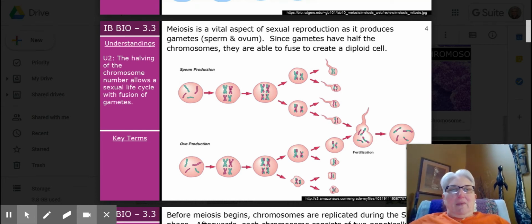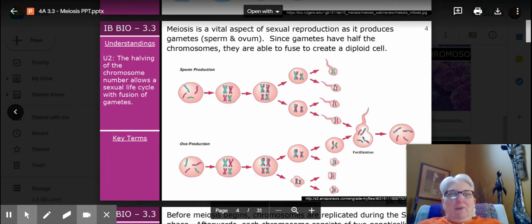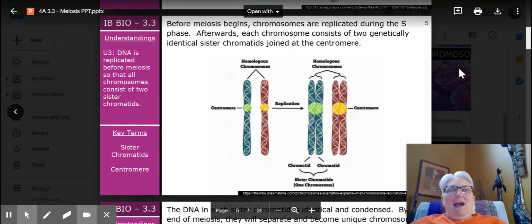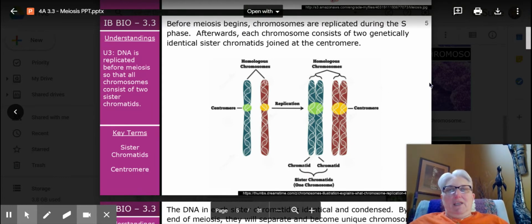Only one of them, however, is going to be viable. The other 3 are not. So a lot has to go on, right, for fertilization to occur. So take a look at how we get to the point of fertilization.